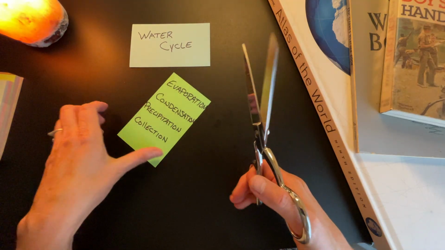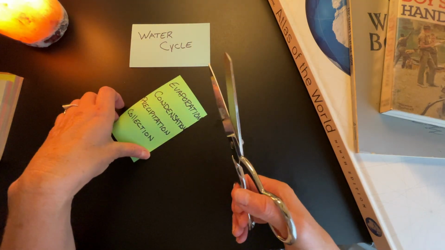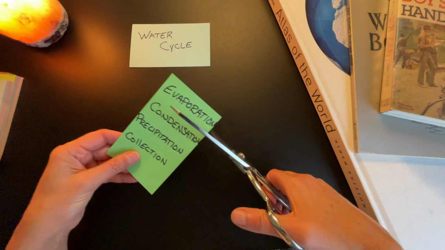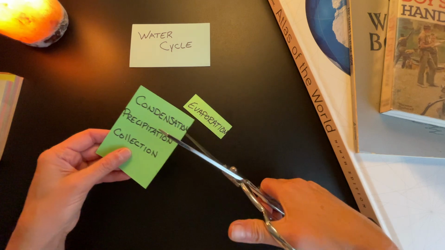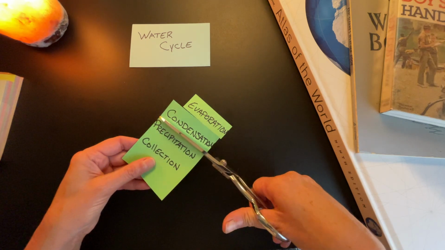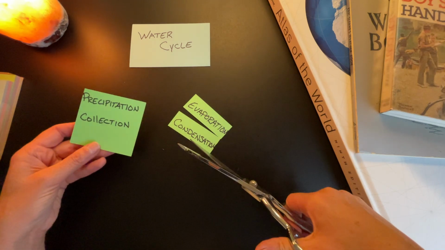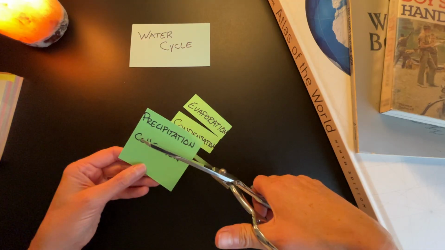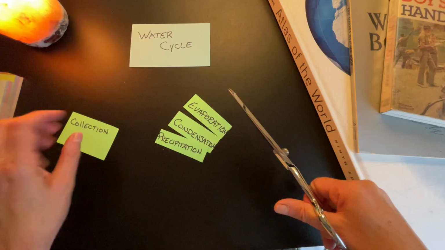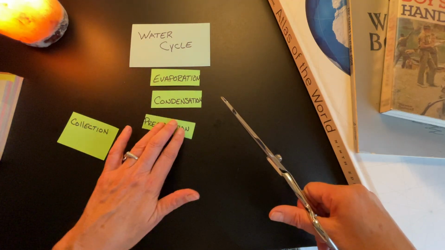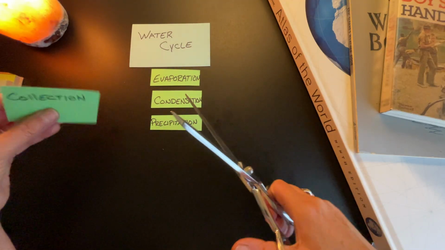So evaporation is when the water evaporates from the water sources on Earth and goes into the sky. And then the condensation is when it condenses in the clouds until it gets to be heavy enough that you have rain in the form of precipitation.